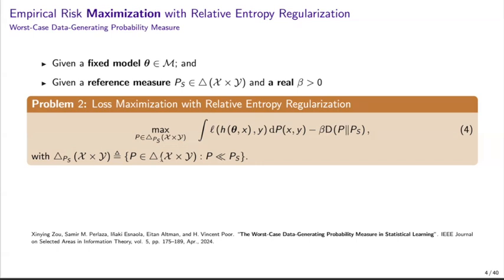And the optimization domain is formed by all probability measures on the pairs X and Y that are absolutely continuous with PS. All right, so two apparently very simple problems. This second problem has been studied in the paper I am mentioning here. And we will see that it is associated with a sort of worst case data generating probability measure.